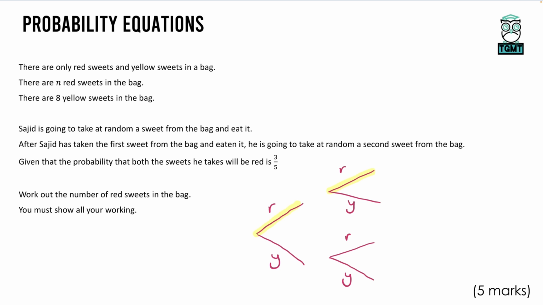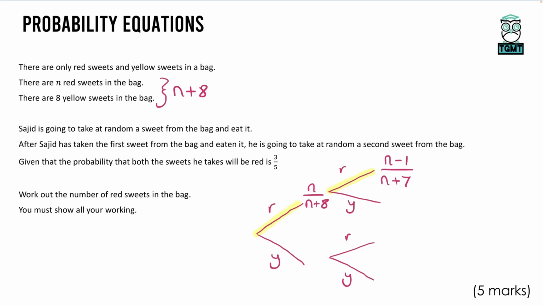So if we have n red sweets and 8 yellow sweets, in total that is n plus 8. So our probabilities to start with will be out of n plus 8. Red being n, it's n out of n plus 8. If one of those red sweets is taken, then the numerator will go to n minus 1, and the denominator will go to n plus 7, as we've taken away 1 from the denominator as well as the numerator.